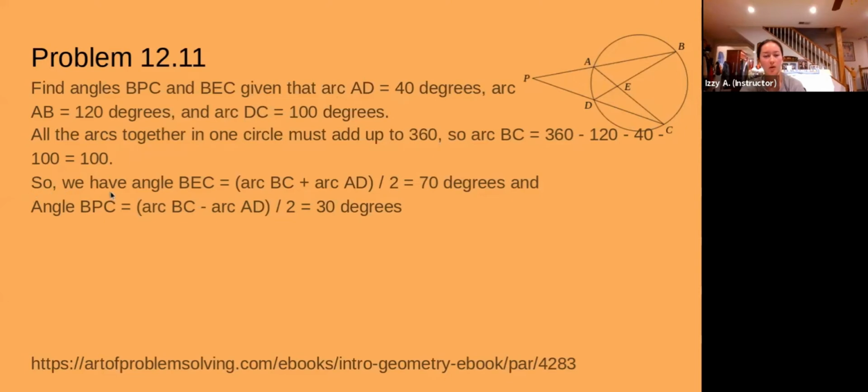Then angle BEC is equal to arc BC plus arc AD divided by 2, which is 70 degrees, and angle BPC is equal to arc BC minus arc AD divided by 2, which is 30 degrees.